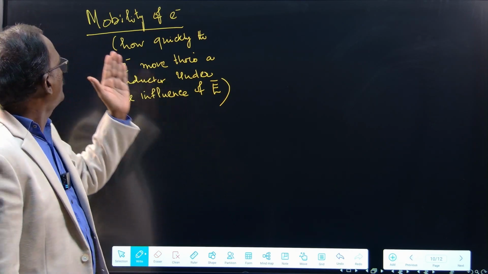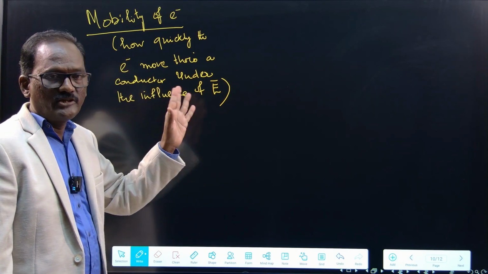How quickly they move? Mobility, mobile, right? How quickly they are moving.